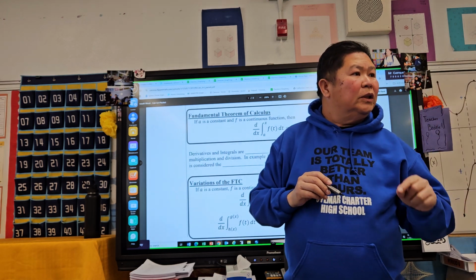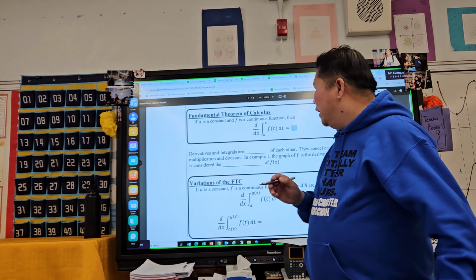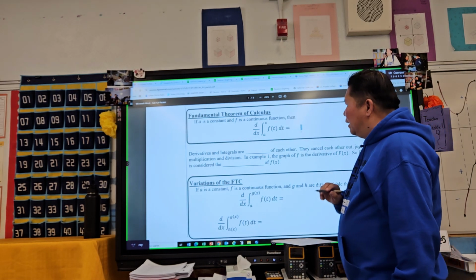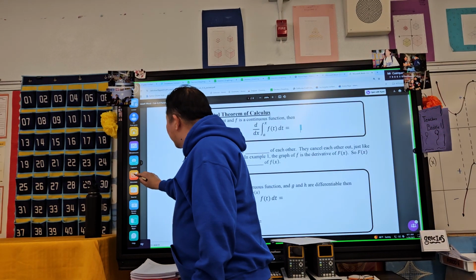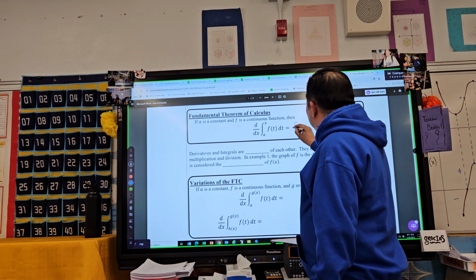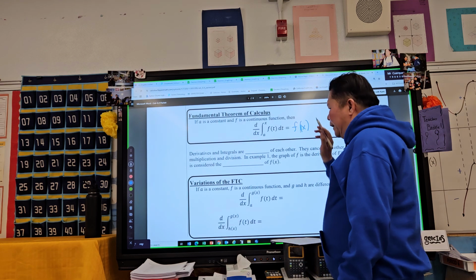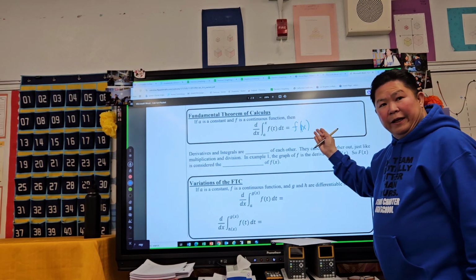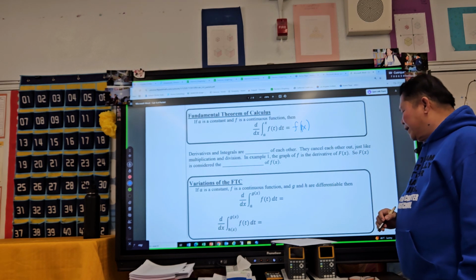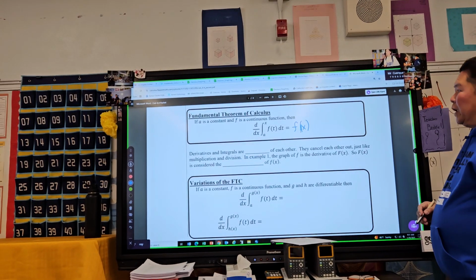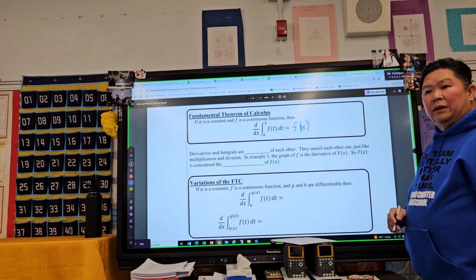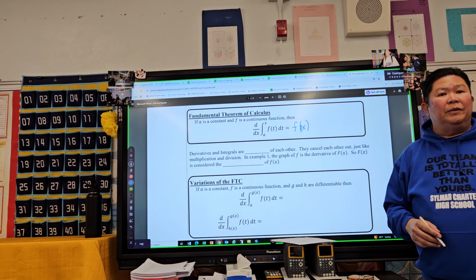Goes back to the original function. That is why it's gonna be f of x. This is clear? So this is part 2 of the fundamental theorem of calculus.